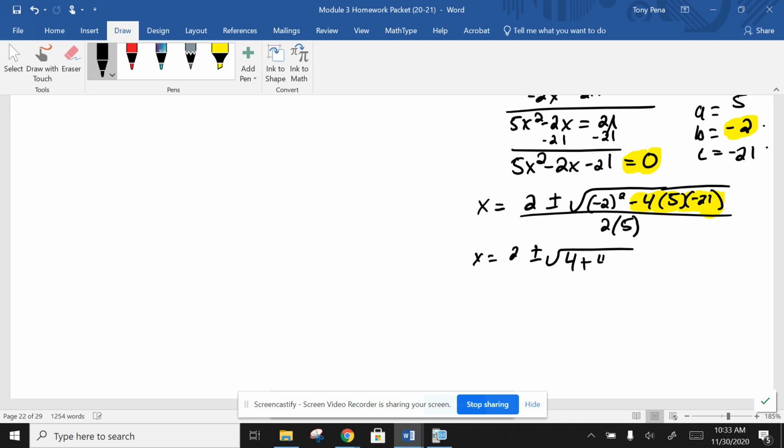Yeah, that's correct, thank you. So 420, all divided by 10. So from there, 2 plus minus the square root of 424 divided by 10. Oh boy.